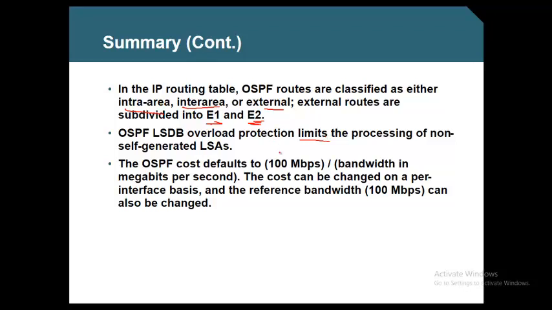If you want to change the cost, you can go directly to the interface and give a cost, or if you wish to do changes to the algorithm so that the auto cost reference bandwidth can be different than 100. 100 is default. But when we have gig Ethernets, we need more than 100. So you can go and change it by using auto cost reference bandwidth command under router OSPF.